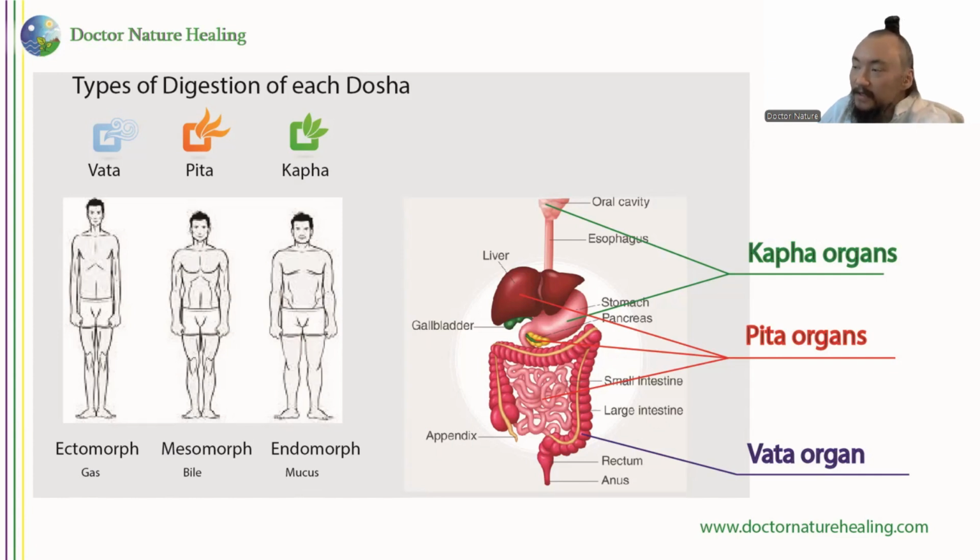This is how we can understand these energies. So Vata, or the ectomorph, which is based on the principle of gas for digestion, is the conduction and transmission. That's the process. It's kind of easy to understand because sometimes I see people struggle understanding what the air constitution is. How should it be understood?